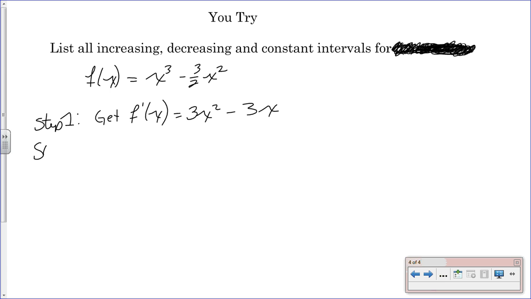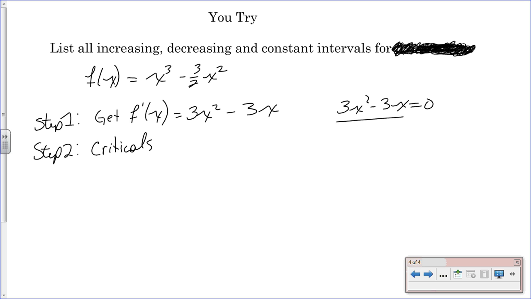Step 2, we have to get the criticals. In our case, f prime does not exist nowhere, so we're just going to set it equal to 0. So 3x squared minus 3x equals 0.